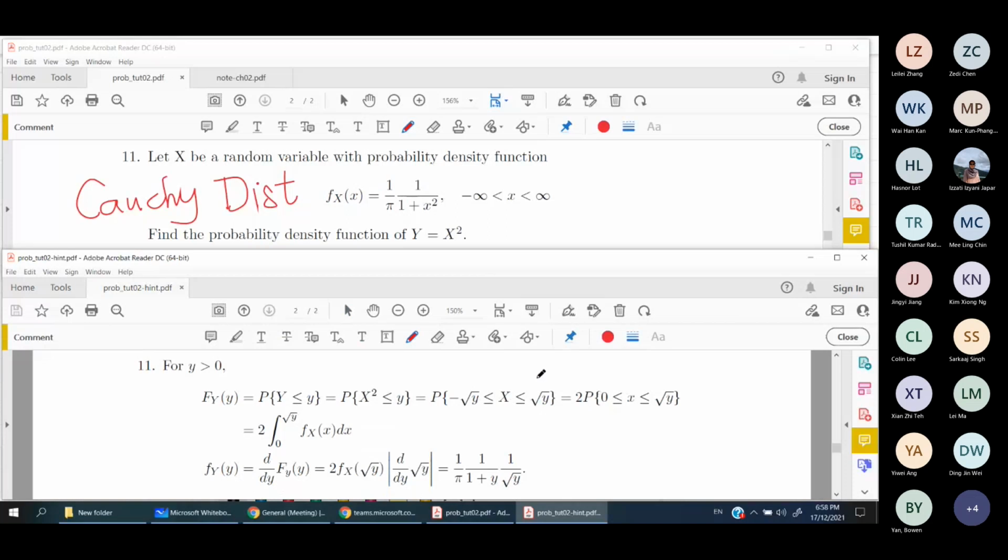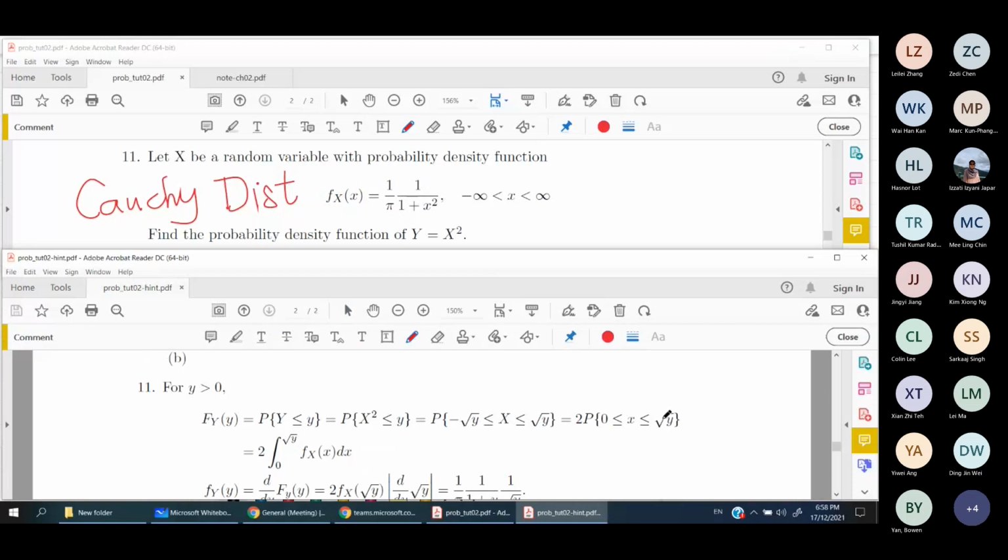This is because x is even, or symmetric with respect to the y-axis, since f of negative x equals f of x. So you can simplify the integral.